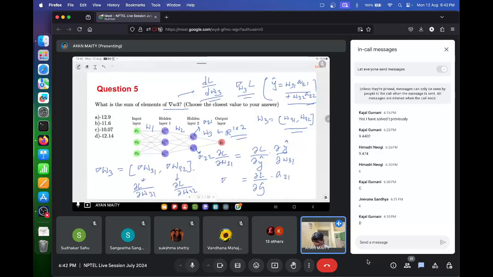Similarly, if we compute del W32, it would be del L del Y hat into A22. Yeah, so this is how you compute the two components of delta W3.